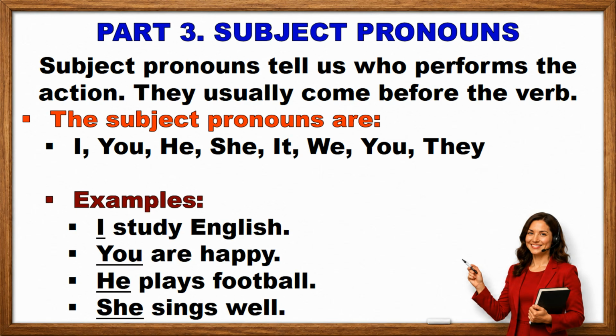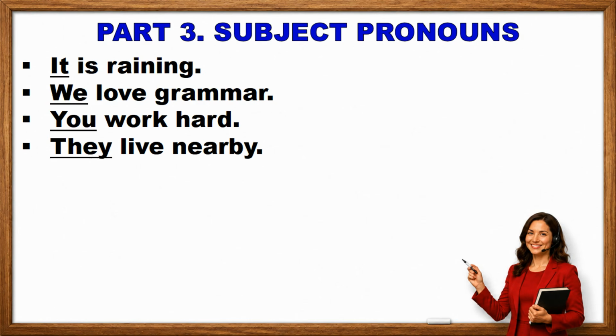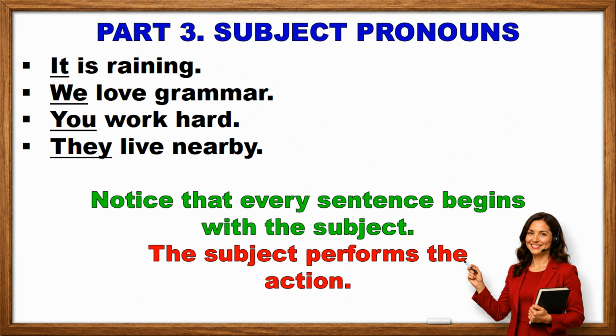Examples: I study English. You are happy. He plays football. She sings well. It is raining. We love grammar. You work hard. They live nearby. Notice that every sentence begins with the subject. The subject performs the action.